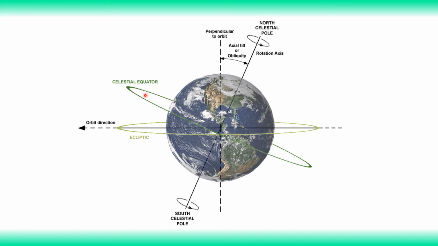It's not the most important part of what we're going to be discussing, so we're going to leave it out. We will talk about the ecliptic a little bit at some point, and this bit about orbit direction, but I think it's safe to say that we won't be discussing the South Celestial Pole, the North Celestial Pole, or the celestial equator. So don't worry about those things.